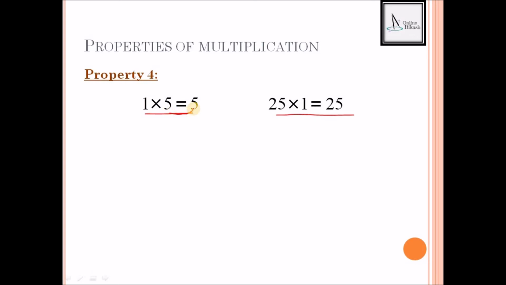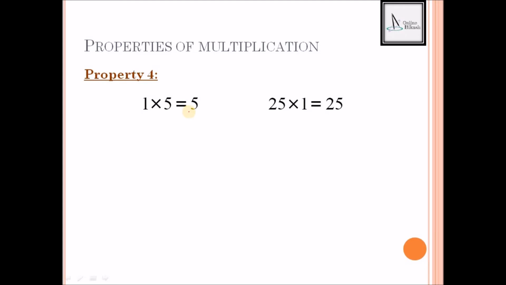One of the factors is the product, in this case 25. And in both cases, you can also see we are using 1. Meaning to say, if you multiply 1 with any number, then the product is that number itself.